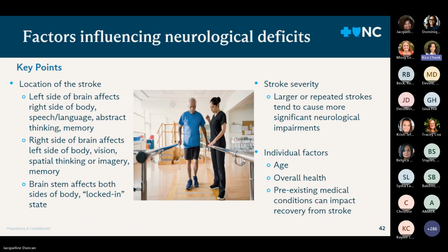Those with other medical conditions such as hypertension, diabetes, and high cholesterol are at a higher risk of stroke, and these conditions should be managed properly with medications to prevent another.